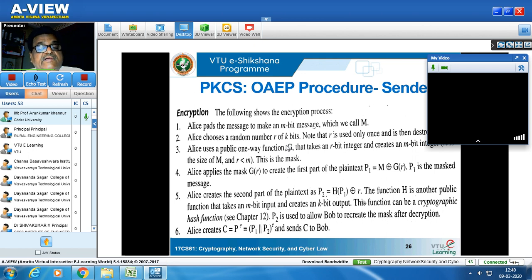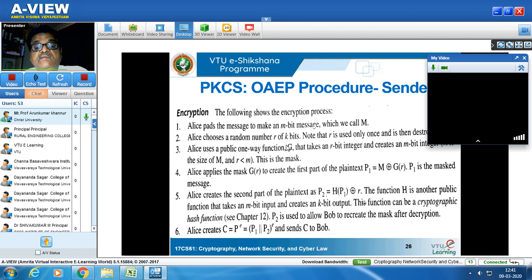Now Alice creates the second part of the plain text as P2, which is a function of H(P1) modulus addition R. The function H is another public function that takes an M bit input and creates a K bit output.